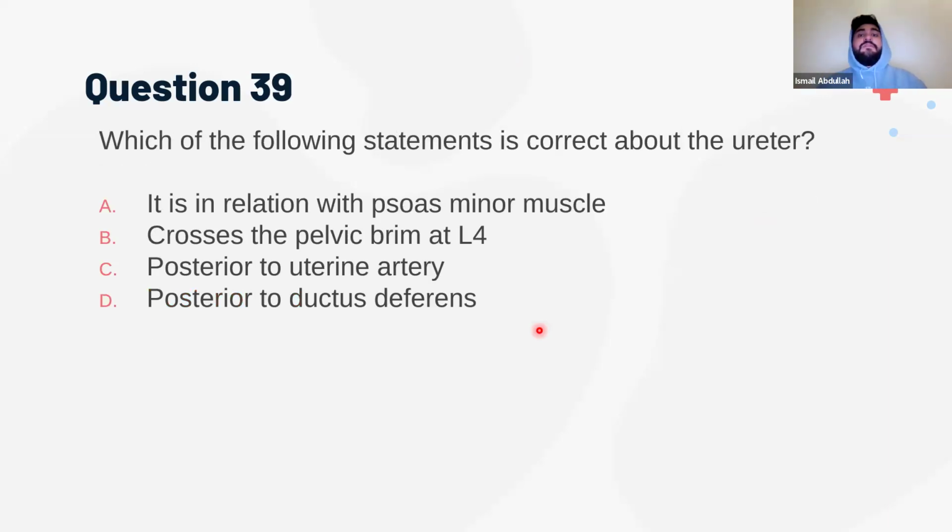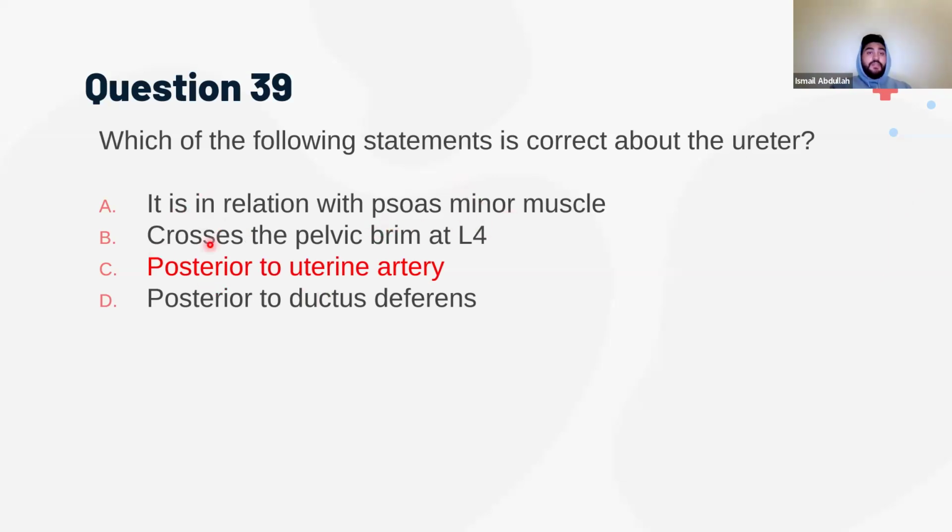All right, so which of the following statements is correct about the ureter? Yes, so you're right. Posterior to the uterine artery, just like water under the bridge. So A is wrong because it's supposed to be psoas major.